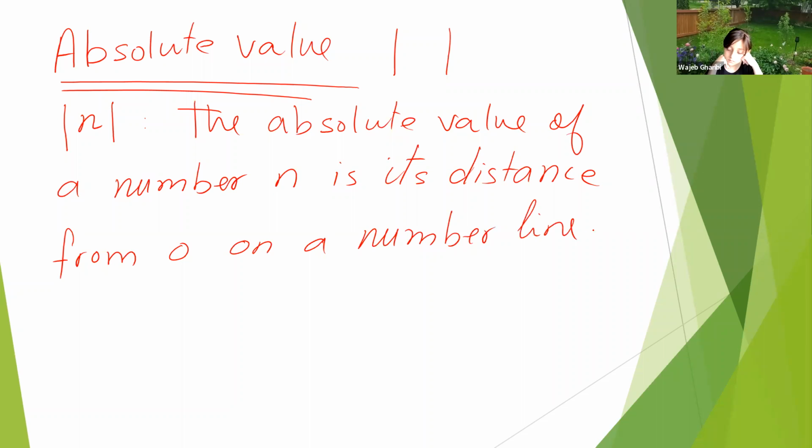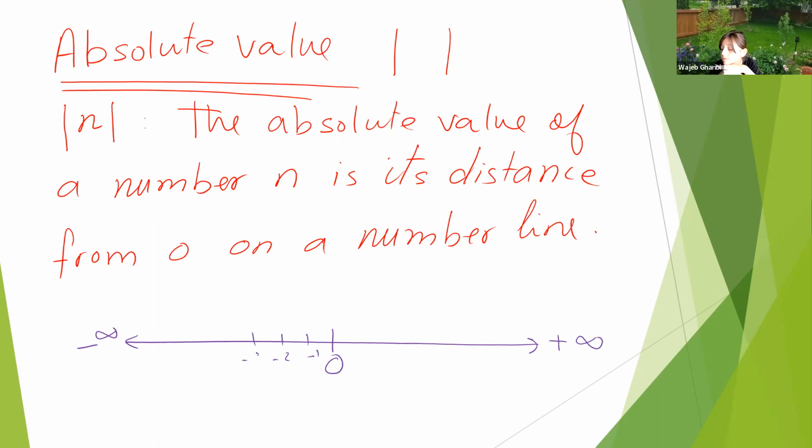What is that? Let's see. For example, this is a number line. Here is positive infinity, here is negative infinity, here is zero. For example, -1, -2, -3. What is the absolute value of -3? Positive 3.